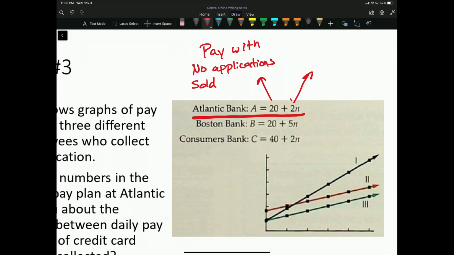This number, this 2, is going to be our pay per application sold.